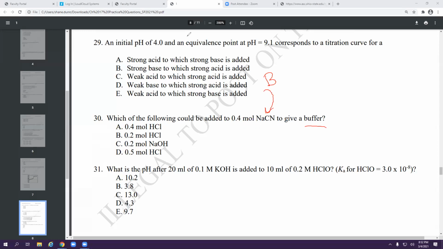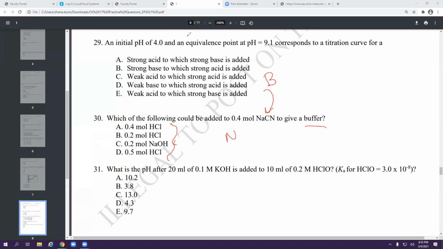Either I can make it a weak base, or I can make it a conjugate base. If I make it the weak base, I have to add a conjugate acid to it, right? If I want to make it a conjugate base, I add a weak acid to it, correct? So looking at the things given to me, what am I adding more of? Adding more acid, right?